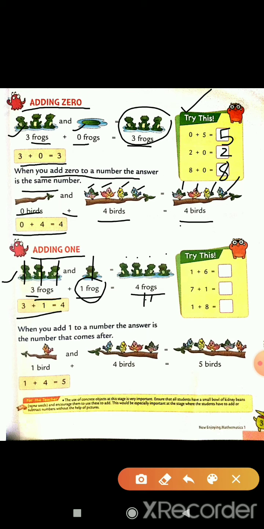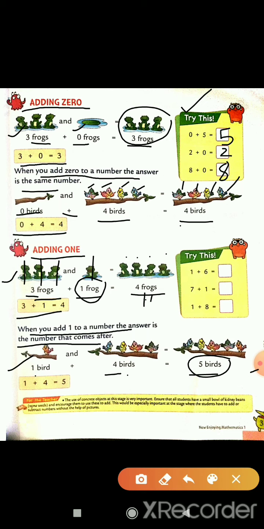Got it, students? When you add 1 to a number, the answer is the number that comes after. Say for example, here 1 bird is there and here 4 birds are there. What comes after 4? 5. So, when you added 1 to 4, the answer is the number that comes after 4, that is 5.